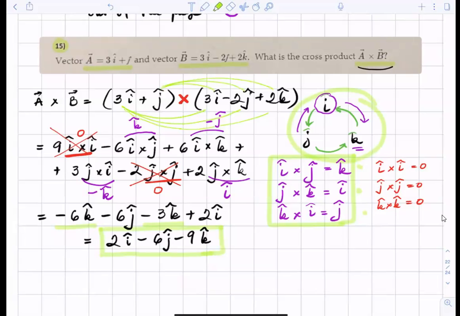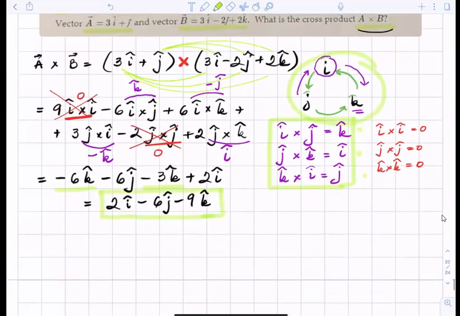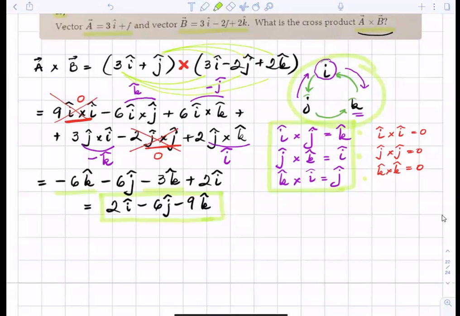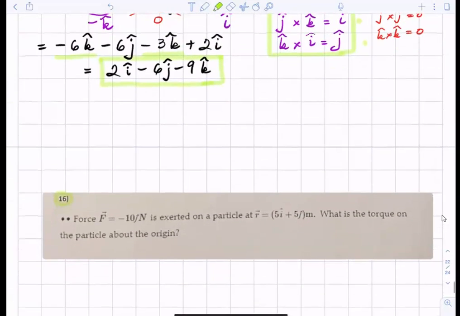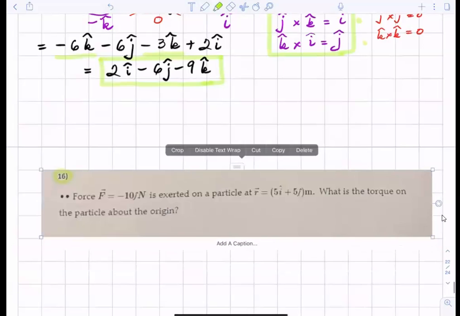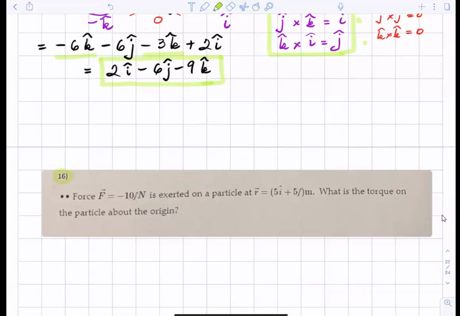I'm going to probably continue to the next application, which applies the same rules here, so we want to keep that fresh in our mind. So let me move this up a little bit. Okay. Now this is a little bit different. We're getting a little more into physics right here.